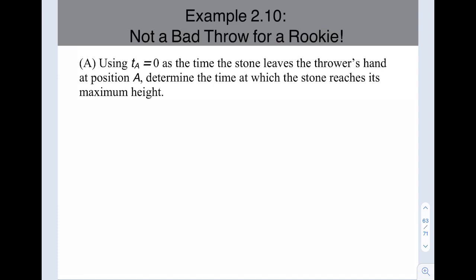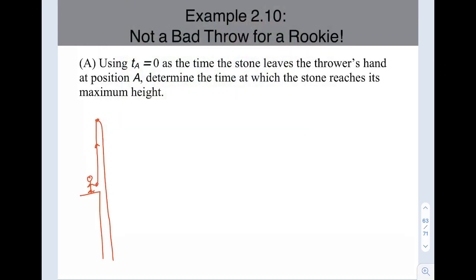This is the thrower, so the stone is moving upward until it reaches a certain maximum height, and then it is going to fall down and reach the bottom.